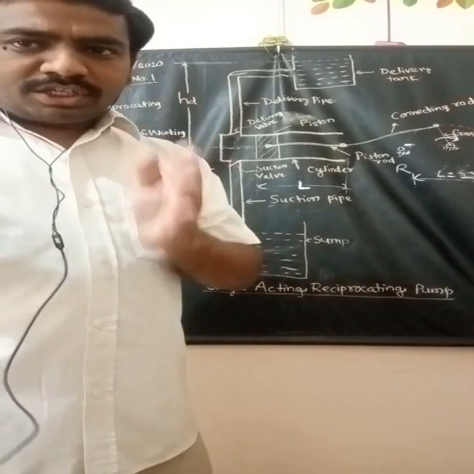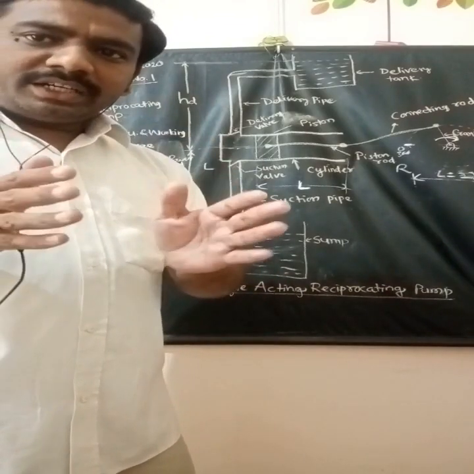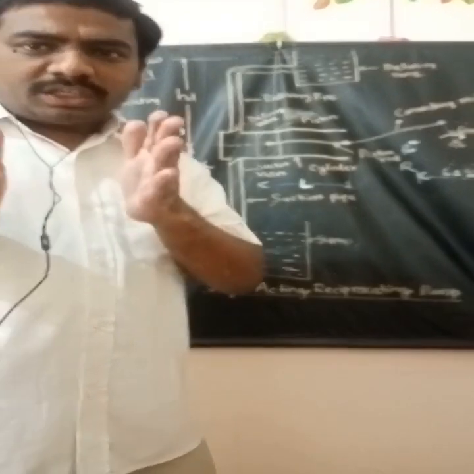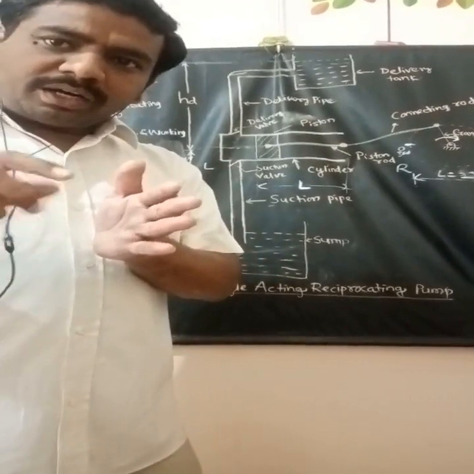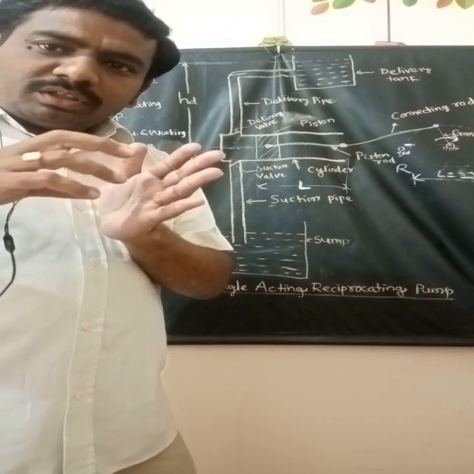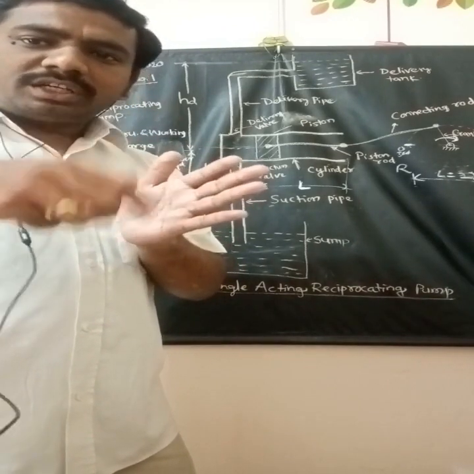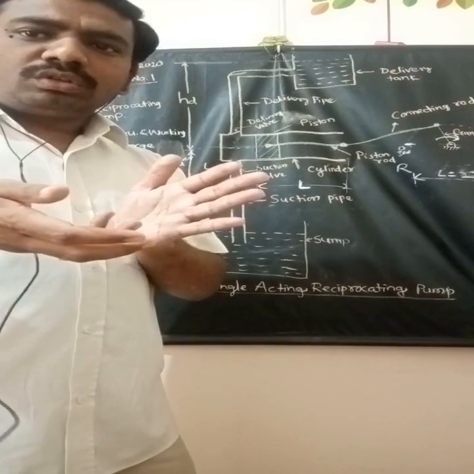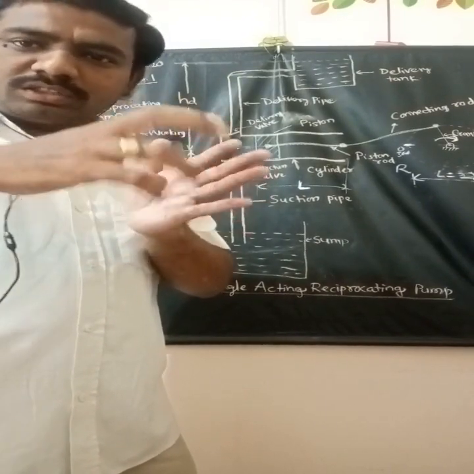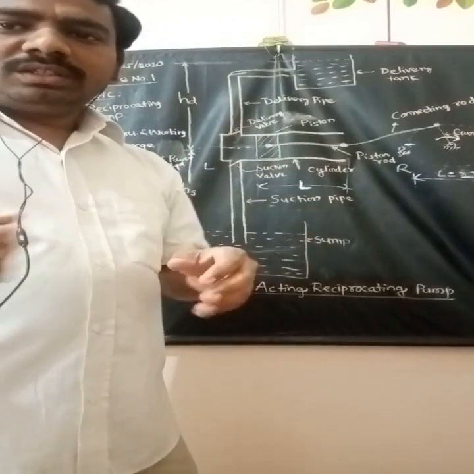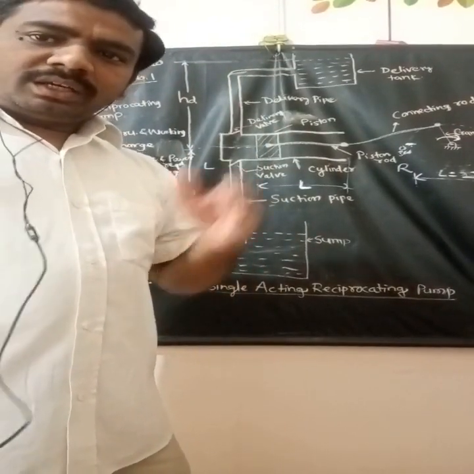In a centrifugal pump, this mechanical energy is converted into hydraulic energy with the help of the impeller, by rotating the impeller and generating centrifugal force on the fluid, a pressure difference is created, and that's why the water is lifted.